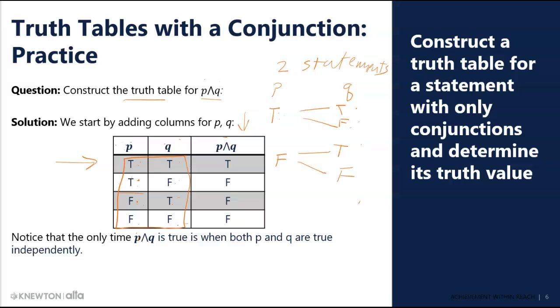Then for each of the rows that were true, half of the Q's are true, half are false, so you alternate true, false, true, false. Every single time you set up a two-statement truth table, this is what the first two columns look like. If you do it in a different order, I'm going to mark it wrong, and the reason for that is later we start to compare two different statements to see if they are equivalent.